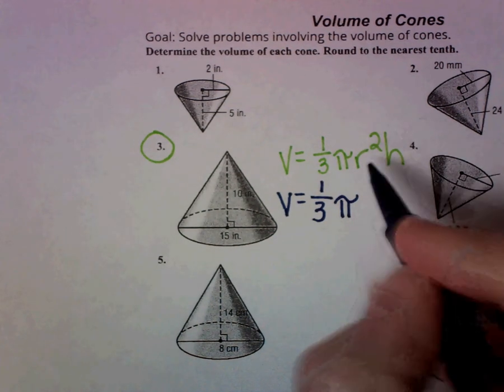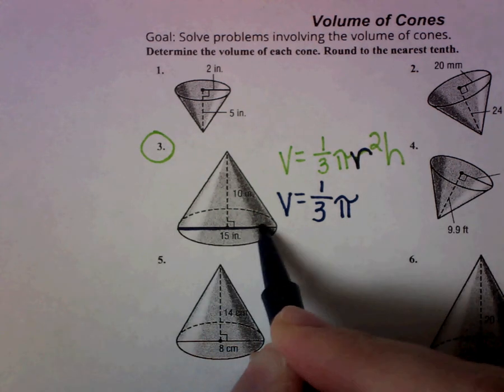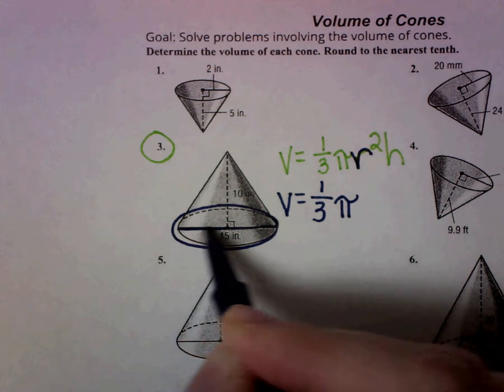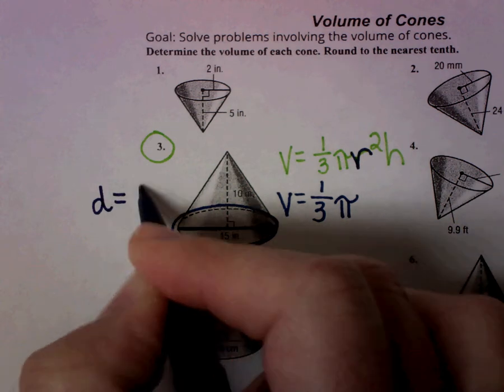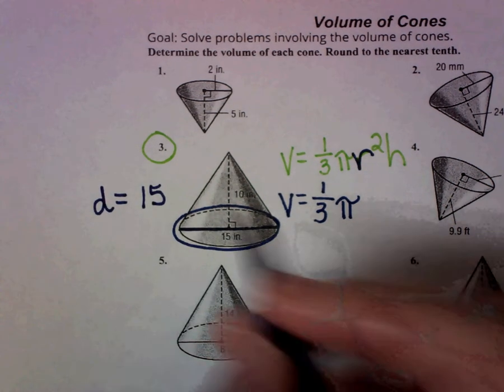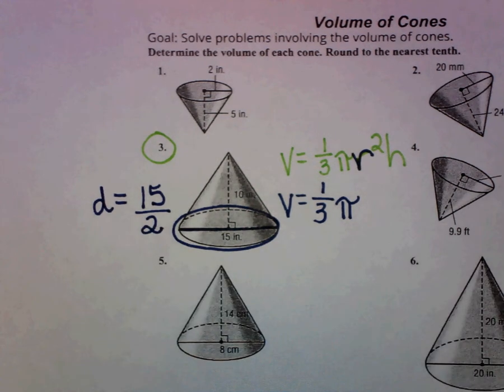Okay, so now we need our radius. Notice, here's our circle base. We are not given the radius, we're given the diameter. We learned the other day that to find the radius, we have to divide the diameter by 2.